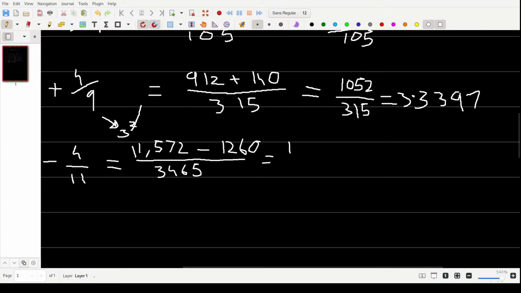So if we just put 11,572, let me subtract 1,260. Minus 60 is, that becomes 1, minus 2, that becomes 3, and minus 1, that becomes 0.